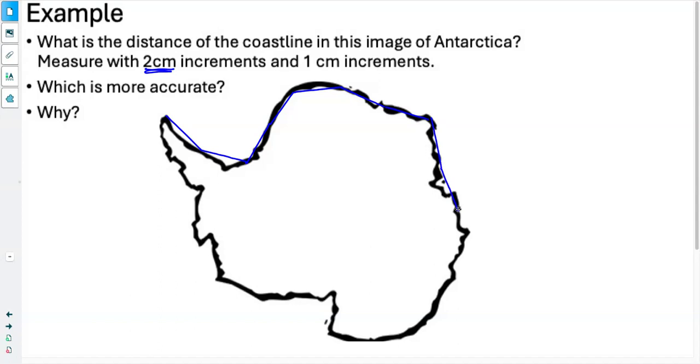So you'll see when we're only measuring the 2 centimeter long segments, we're not getting super close to the coastline, but we're approximating the shape to some degree.